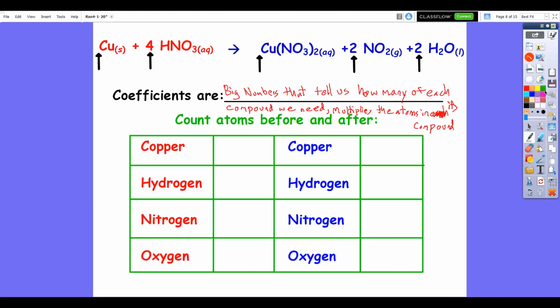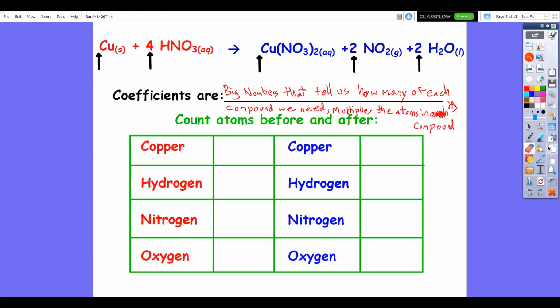Okay, so let's do some counting here. I have nothing written in front of my copper, so that means it is a coefficient of 1. No subscript also means a subscript of 1, so I start with just 1 copper. Let's go to purple. 1 copper.